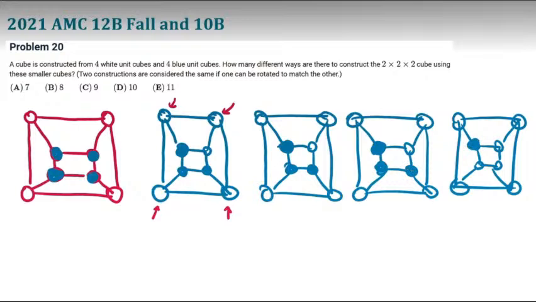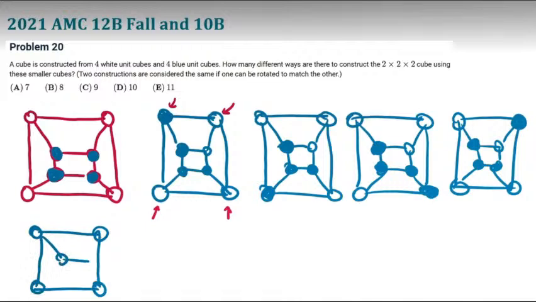This one, and here. In this part we have this, in this part we have this, in this part we have this, in this part we have this. In other cases we don't have 3 on one part. So how many cases have we calculated? 1, 2, 3, 4, 5.